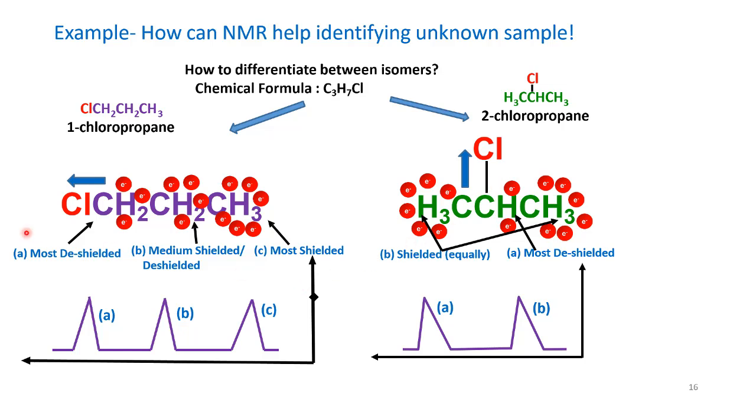So here we can see that this is the most de-shielded, then this is the most shielded, and the middle one is the minimum shielded. Why is this de-shielded? Because the electron of this carbon atom has an affinity with the chlorine. Chlorine is very highly electronegative, so it will try to align the electrons or the nuclei in a particular direction of its electronegative field.